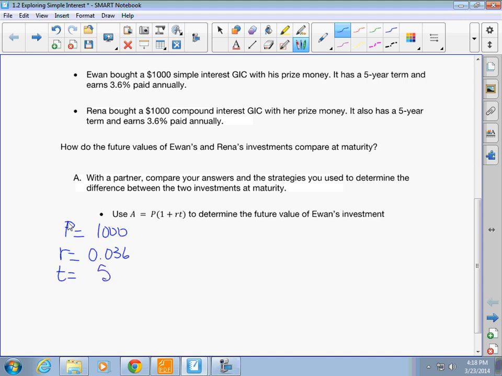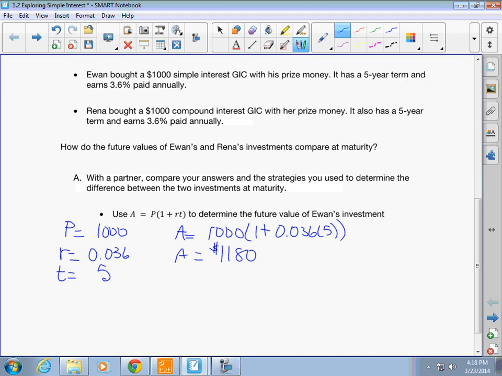So using our formula, A equals 1,000 times (1 plus 0.036 times 5). When you put that in your calculator, you find that at the end of his 5 years, his investment is worth $1,180.